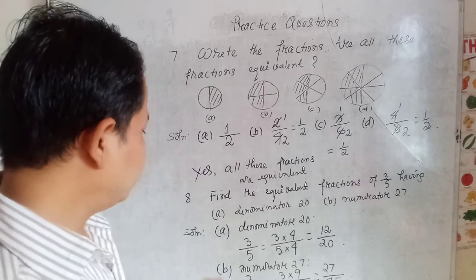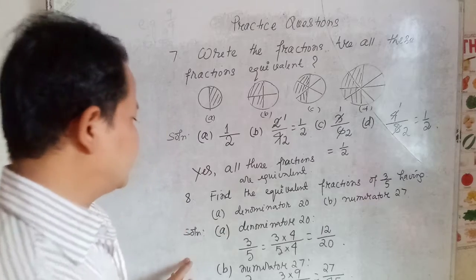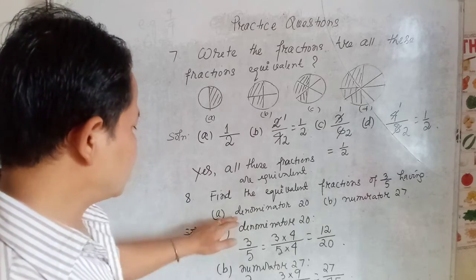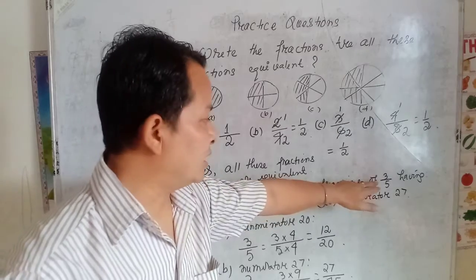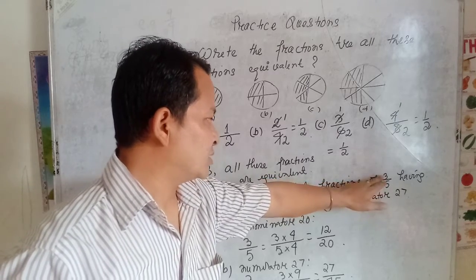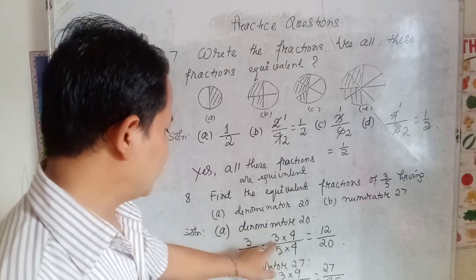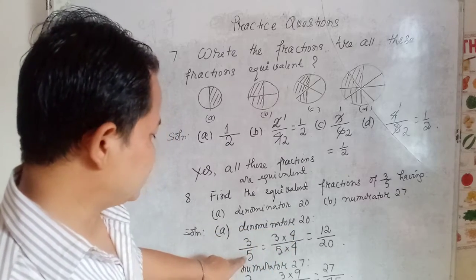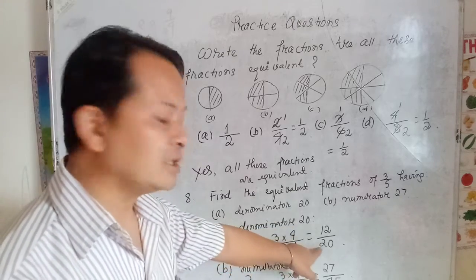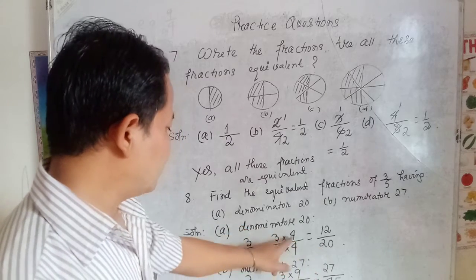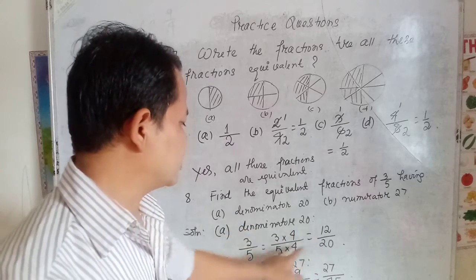So here in question number 8, we have two questions. First, we convert the fraction 3/5 to another fraction whose denominator is 20. So we multiplied by 4 to get the denominator 20: 4 times 3 is 12, 4 times 5 is 20.